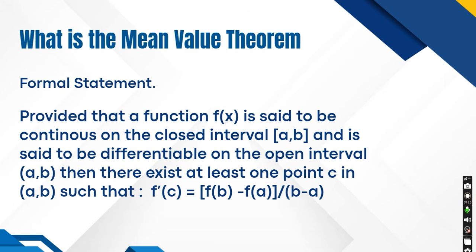It states that provided that a function f of x is continuous on the closed interval a comma b, and is differentiable on the open interval a comma b, then there exists at least, that is a key point to note, at least one point c in a comma b such that f prime of c is equal to f of b minus f of a all over b minus a. We'll come back to break down the statement further. So the formal statement is needed for you to know very, very well.